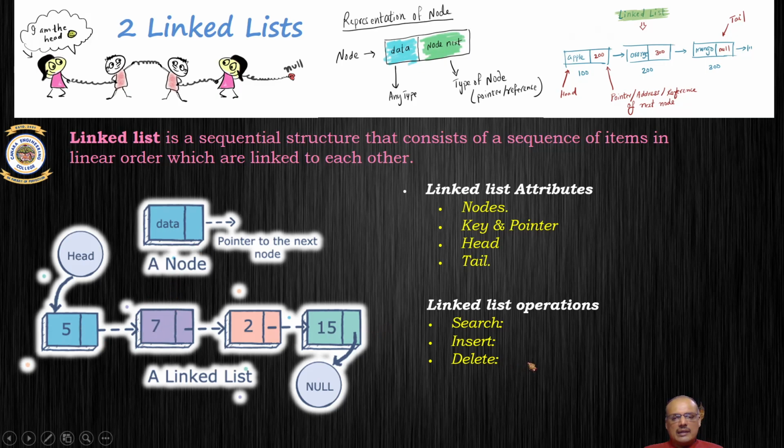We should be able to insert new nodes in a given linked list, either in the beginning, in the end, or somewhere in the middle. And the delete operation is also permissible: one should be able to delete a node at the beginning, the end, or in the intermediate stage. So these are the three basic operations commonly used in a linked list.